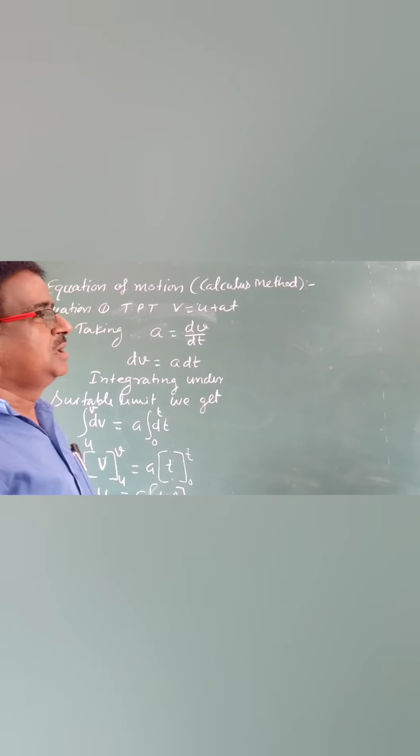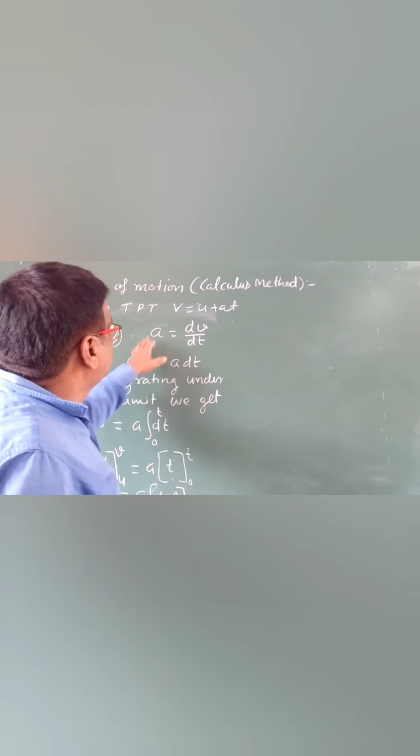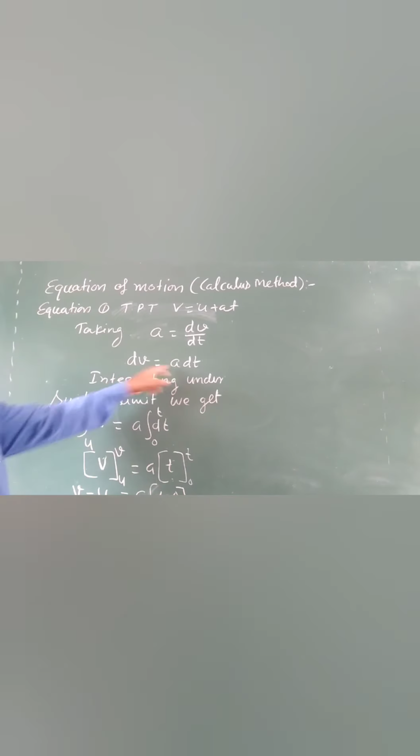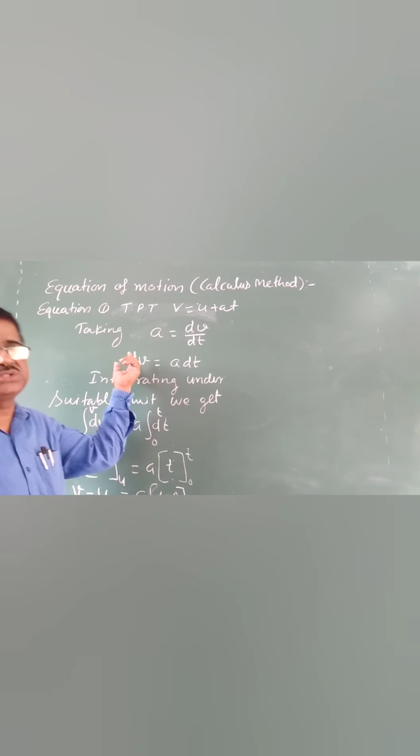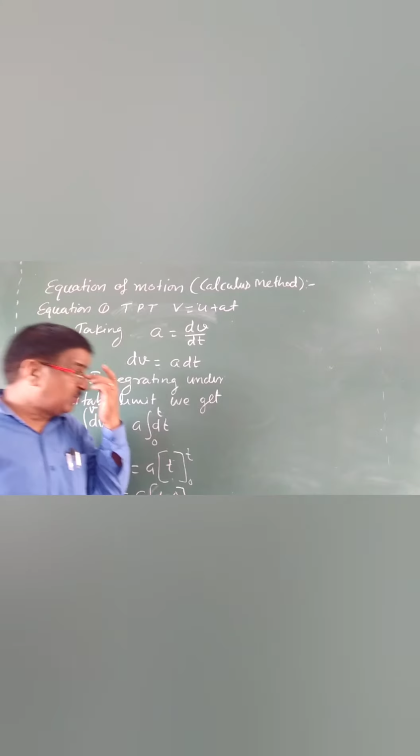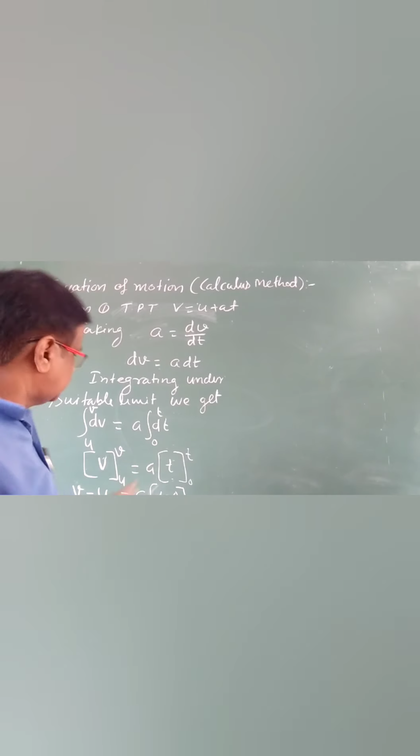Bodies are in constant acceleration, so we have taken this, and now this equation will be integrated under the suitable limit. Suitable limit means v will change from initial velocity to final velocity, and time will change from 0 to any certain time t, and acceleration is taken to be constant.